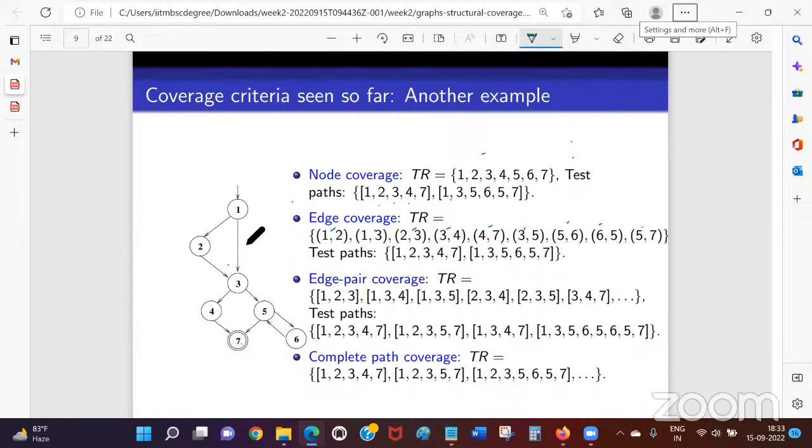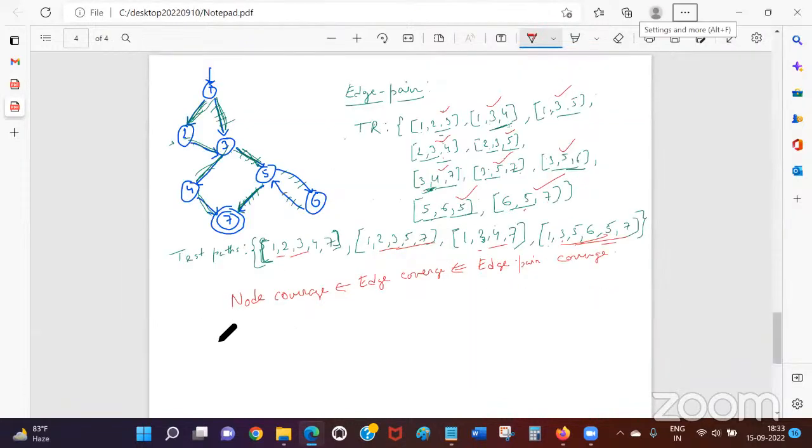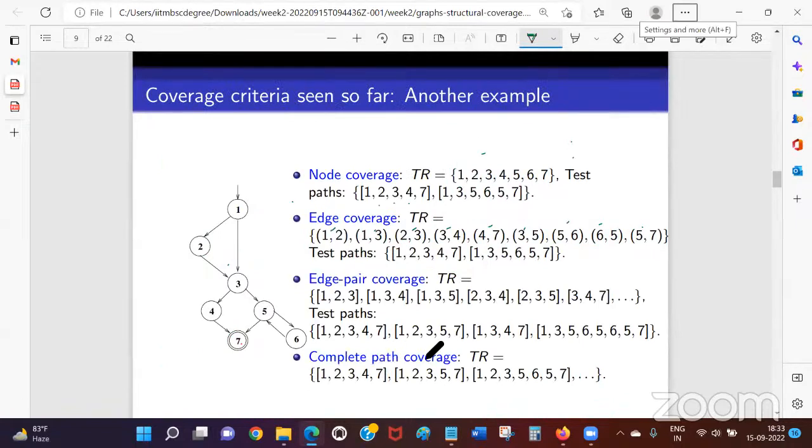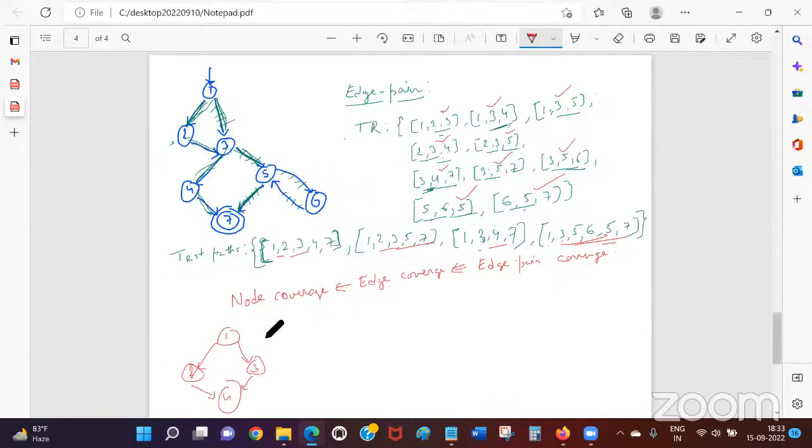If you look at a simple graph which does not have a loop, suppose I take just 1 2 3 4, with edges like this, it is fine to find the complete path coverage. 1 2 4 could be one path, and another possible path could be 1 3 4, because you have a finite number of possible paths.